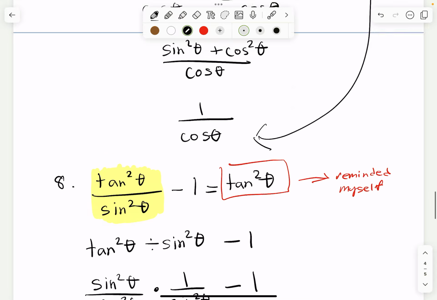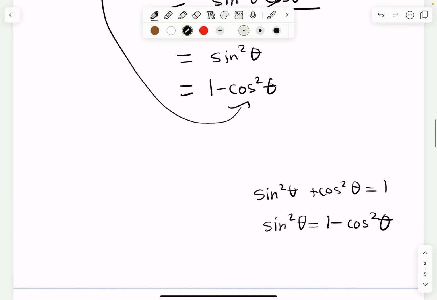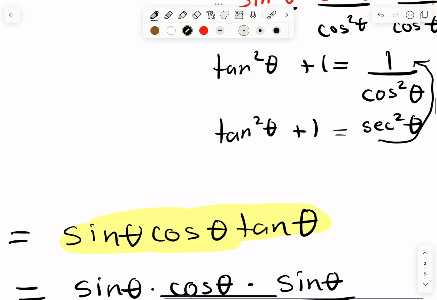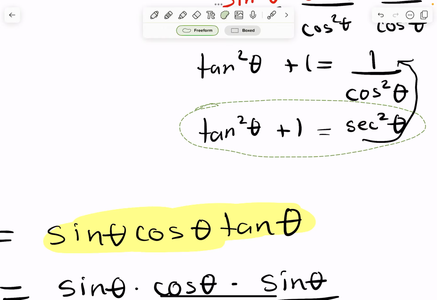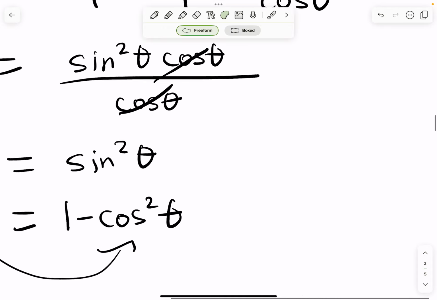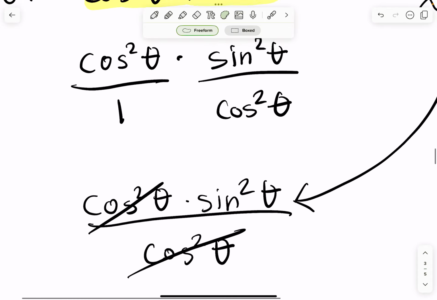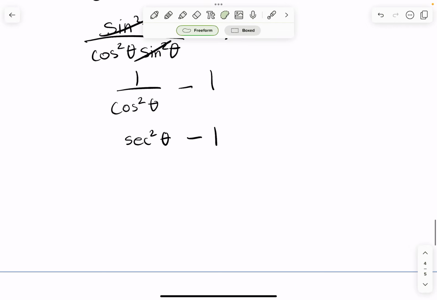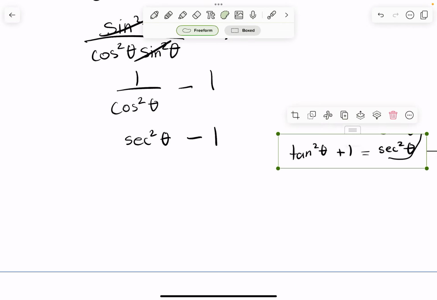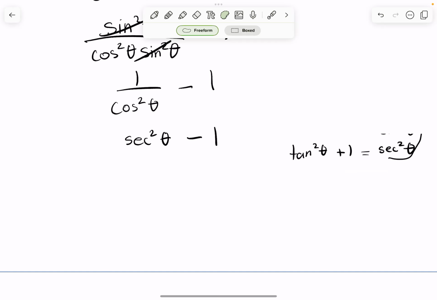And then earlier, I don't know if y'all remember, we had, where is it? We had this right here. So I'm just going to copy it. Go down back to where it was. And does everybody see that I had tangent squared plus 1 equals secant squared as an identity?